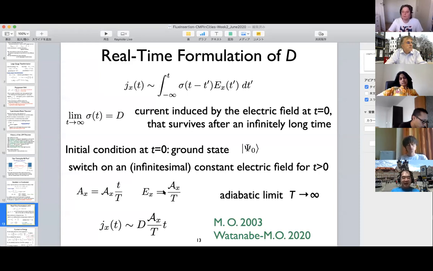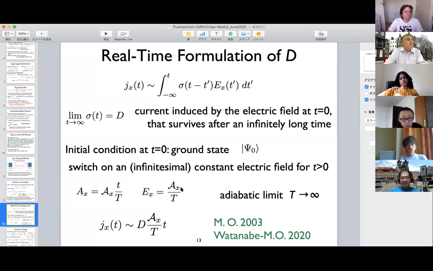And this calligraphic A_x is the vector potential you obtain after the insertion at the final stage.